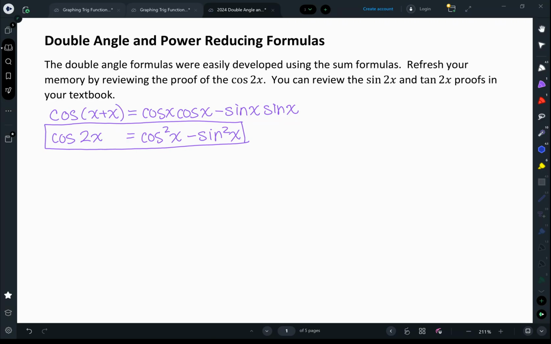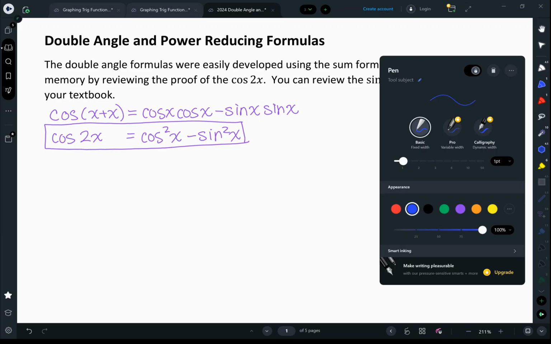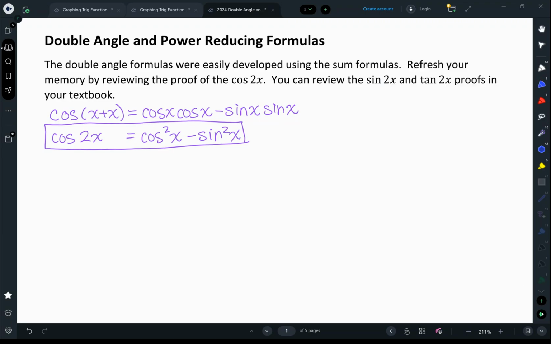Now, you may recall that this is one of the cosine double angle formulas. You might also see the cosine double angle formula written in a couple different ways. You can rewrite it by doing a simple substitution using the Pythagorean identity. So we can say that the cosine of 2x is also equal to the cosine squared of x minus, and then instead of sine squared, I can write 1 minus cosine squared of x using a manipulation of the Pythagorean identity.